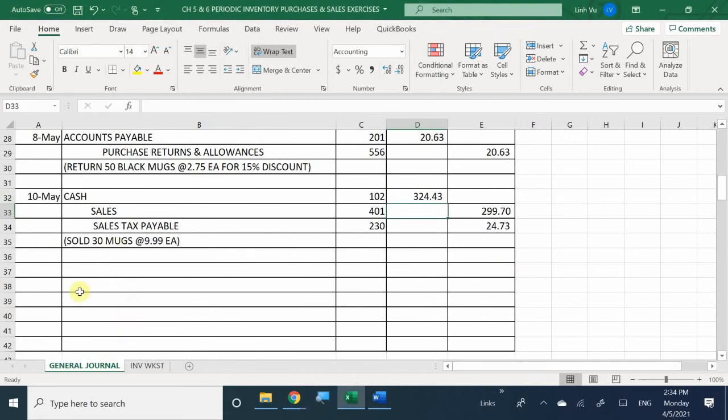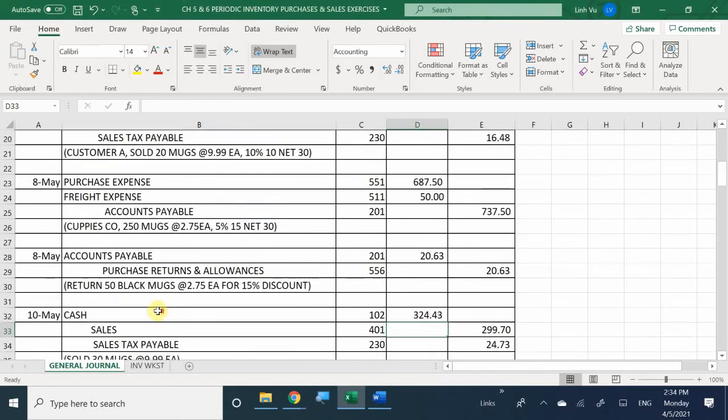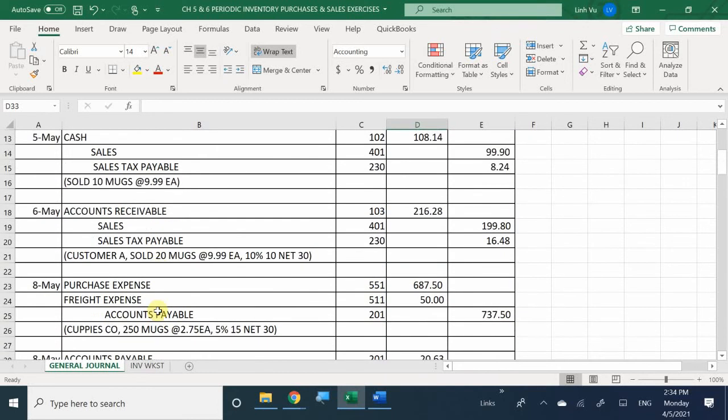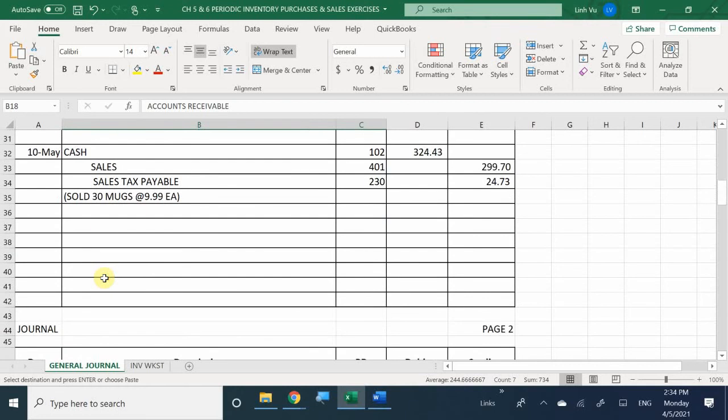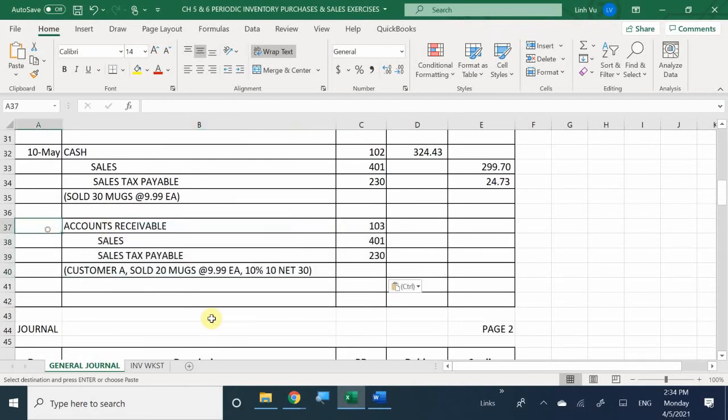Receivable. Accounts receivable. Good. Sales and sales tax payable. Good. So right here, just going to copy this real quick. All right, perfect.